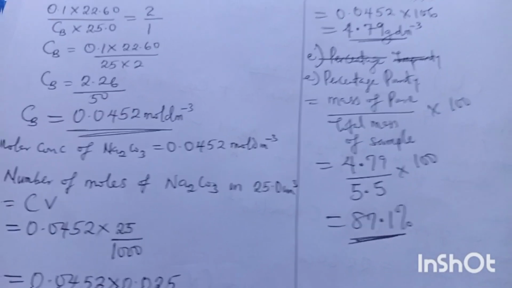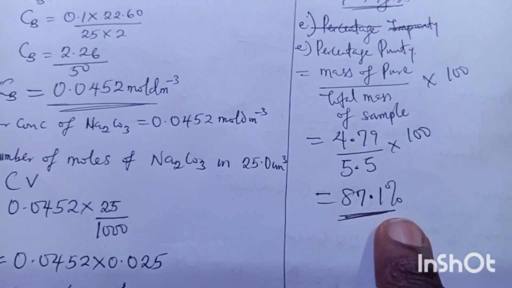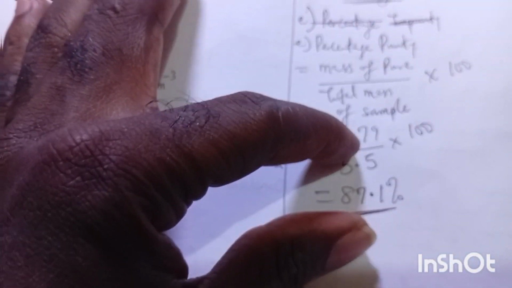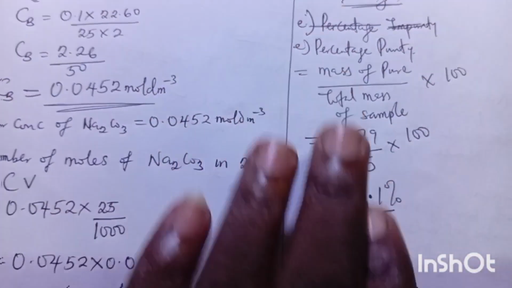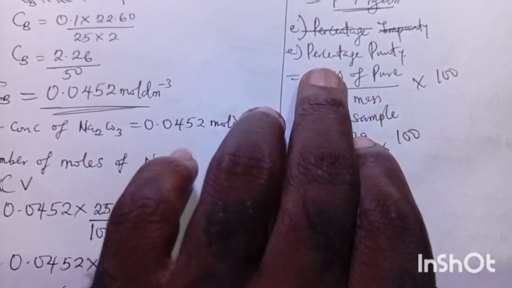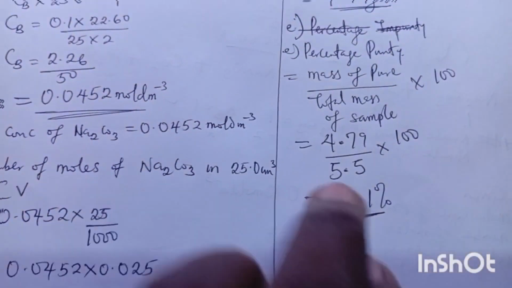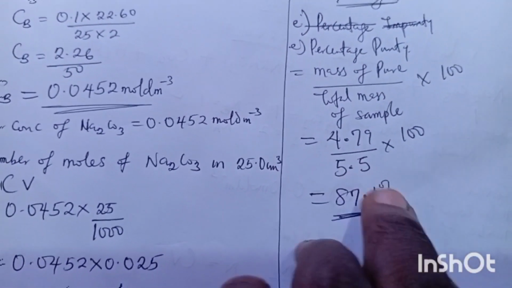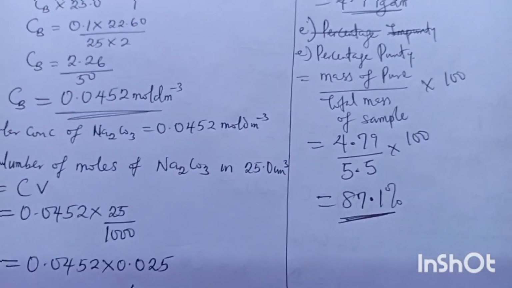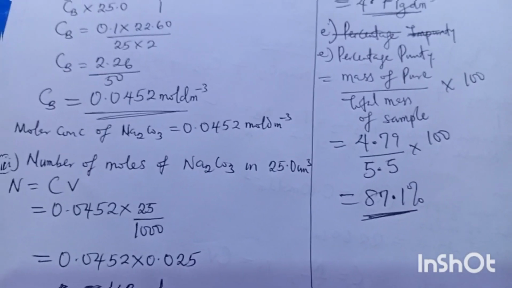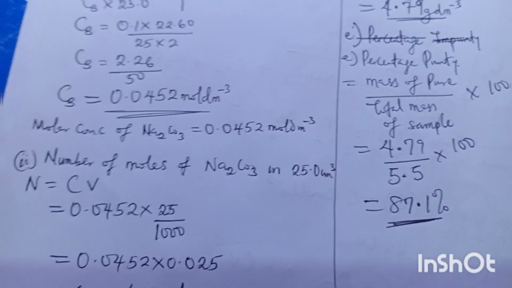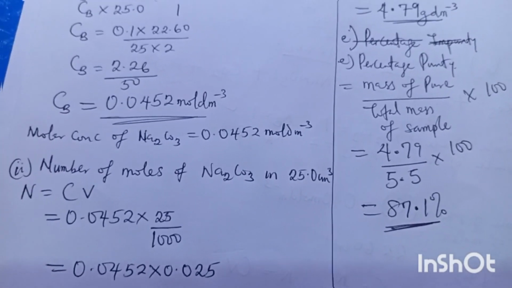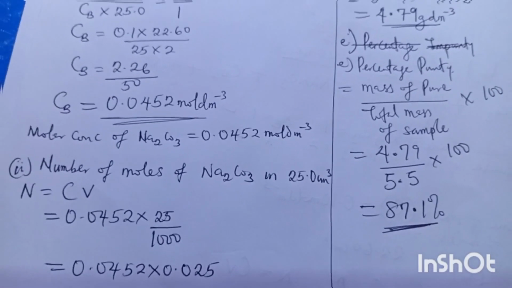So this 87.1% is showing the percentage pure, the main content of the sodium carbonate in this solution we use in the titration, while the remaining 12.9 is the impure part of it, or the impure sample in that particular solution B. So this is how we finish the question, and this is how we finish another video on the chemistry practical quantitative analysis that we call titration.